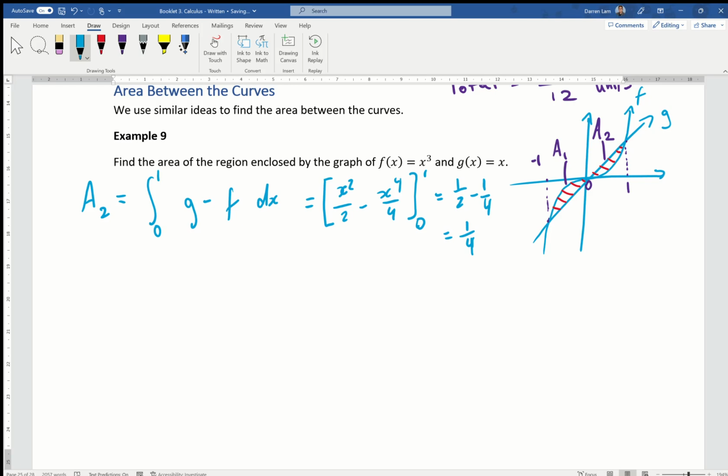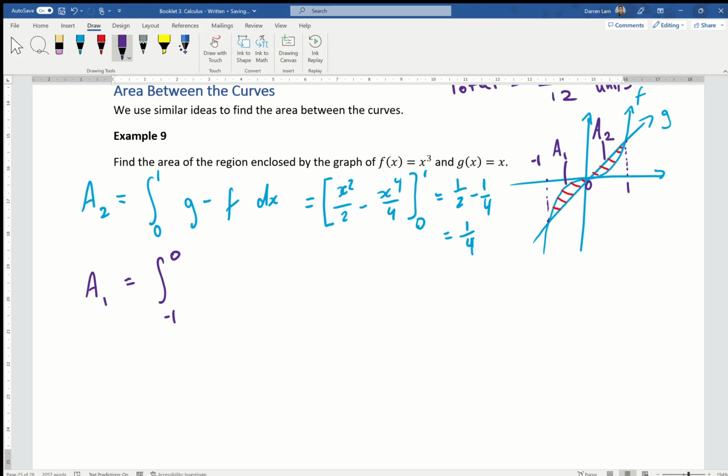Happy to keep going? Let's move on to area 1, my apologies. Area 1 goes from -1 to 0. I'm going to subtract.